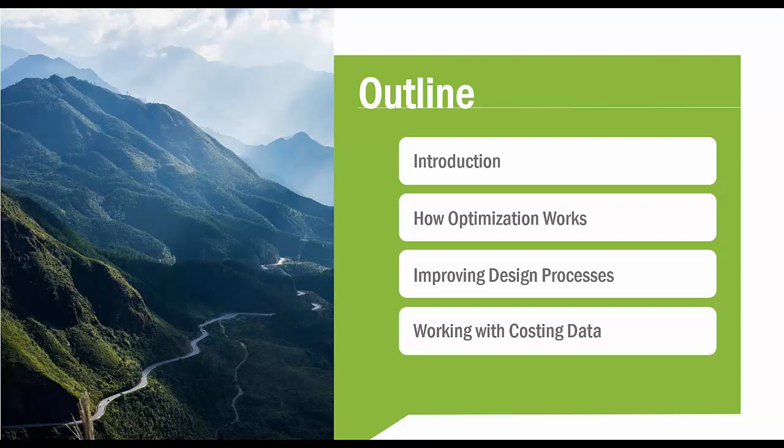I'll also talk briefly about the costing data that Softree Optimal provides and how this allows engineers to design smarter. And after this introduction, quick PowerPoint presentation, I'll pass things on to Craig, and he will show you how to do all of this with Softree Optimal using a project in Civil 3D as an example.